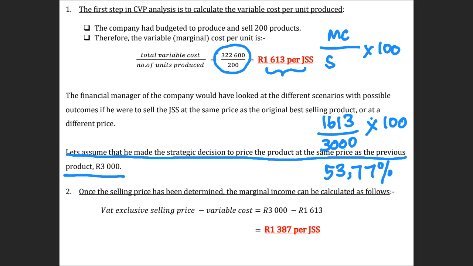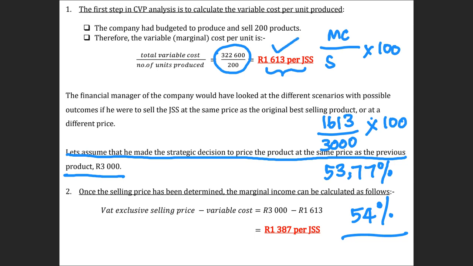I'll round that off to a whole number, so that would be 54%. What that's saying is that 54% of your total sales needs to be attributed to your variable costs. Or as a decimal, you would say 54 cents of every rand worth of sales is going to be attributed to your variable costs. So that is your marginal cost and your marginal cost ratio.